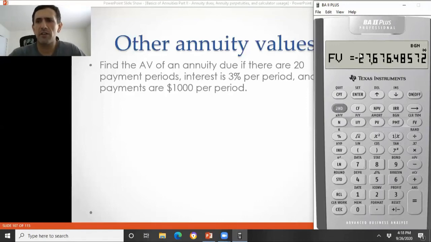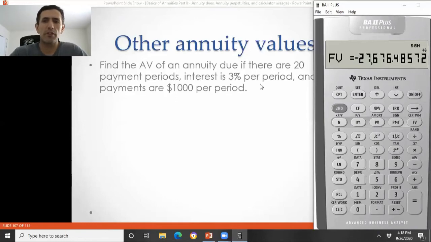27,676.49 is the time value of the 1,000 per period at the end of the 20 payment periods.